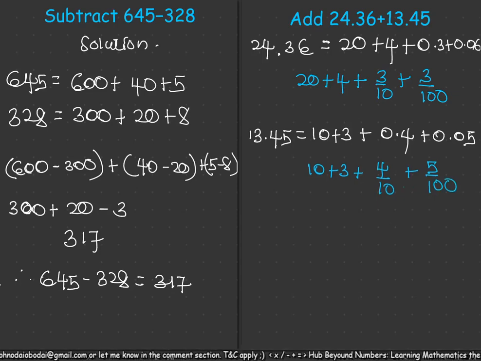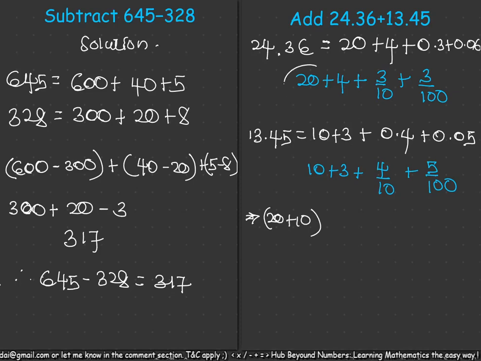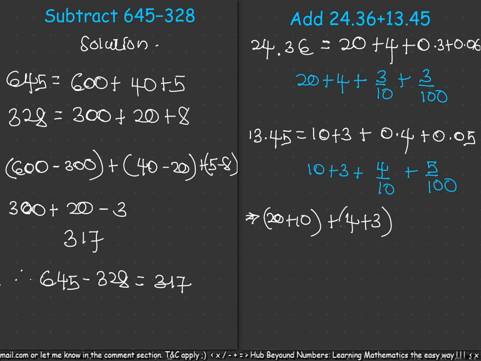Now that we've been able to write this, what we do is we add in terms of the place values, so that the tens would add to the tens and then in that order. So we actually have 20 plus 10. That is the whole number side over here. Then plus your 4 plus 3. You see?